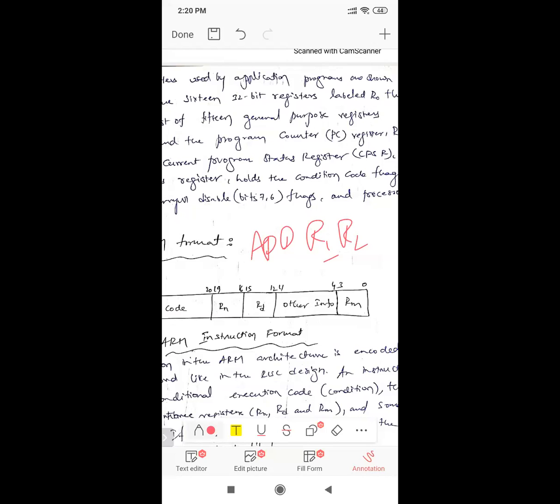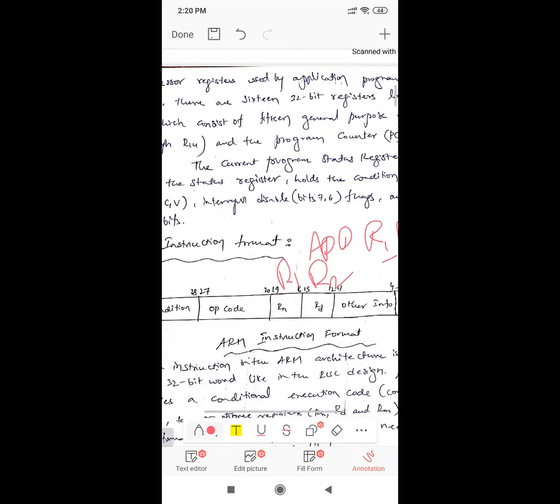The contents of R1 are added to the contents of R2. The result is again transferred to the R2 register only. Rn is R1 and Rd is R2, and Rd also acts as a destination register. Rn and Rd are both source registers for the operation.